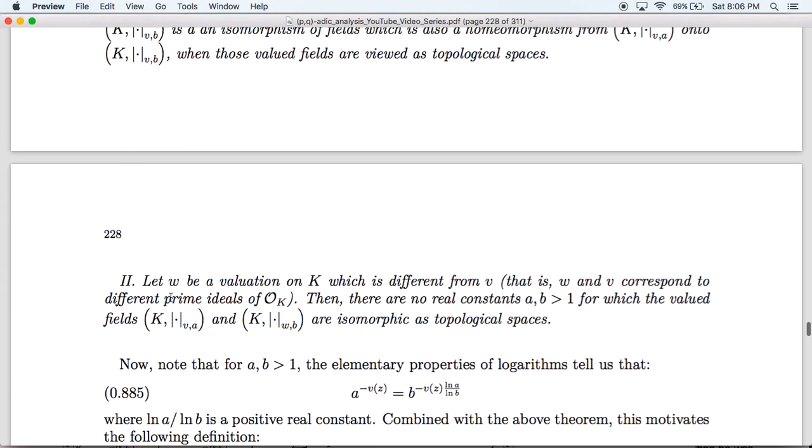More generally, let w be a valuation on k which is different from v, meaning that w and v correspond to different prime ideals. Then there are no choices of constants a and b such that these two valued fields will be isomorphic.